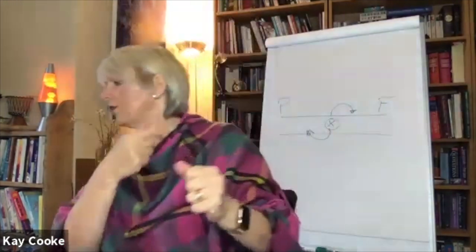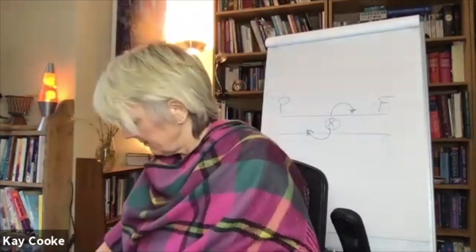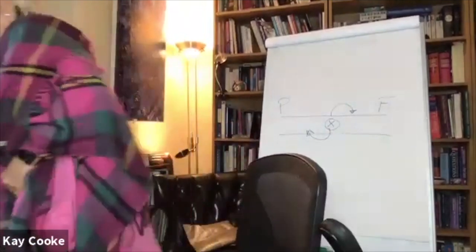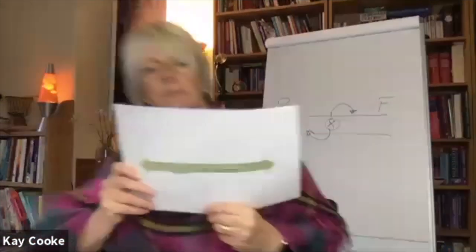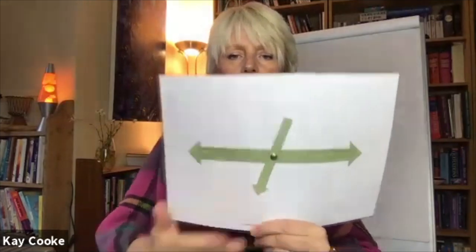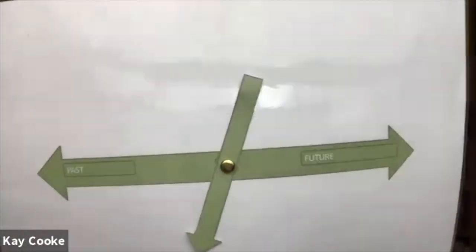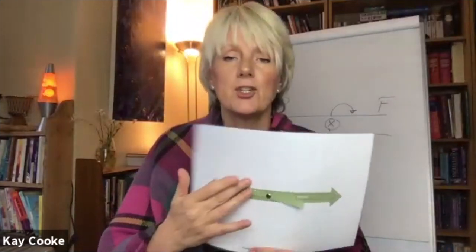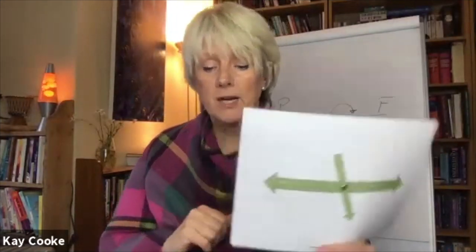You just need to be clear that you are referring to, I can see it. I've just remembered where I actually put it. Bear with me. There we go. So we've got this timeline that shows past, present, and future, and where our attention goes through time.